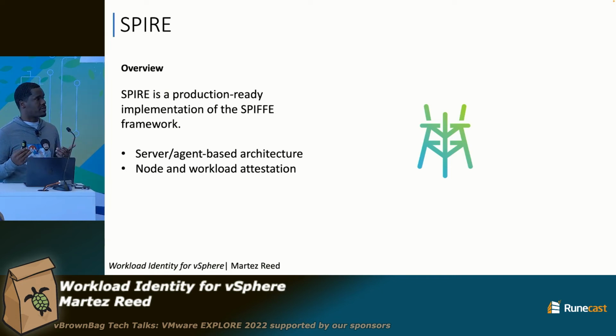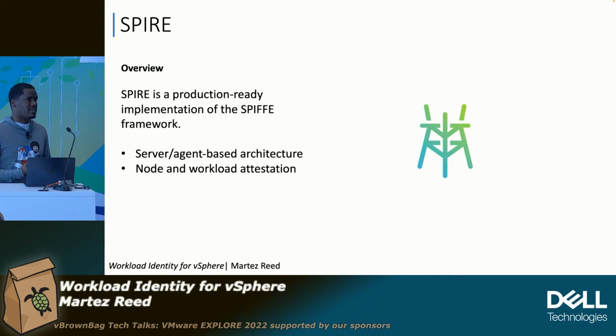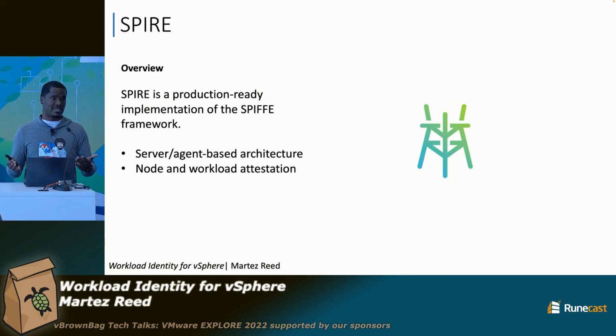It includes a number of different components that provide the functionality to enable workload identity from one machine to another. It includes a server and agent-based architecture in which the server helps facilitate and deploy the certificates that are utilized for identity, and agents that run on the system help facilitate that transaction with the server. It also uses workload as well as node attestation.